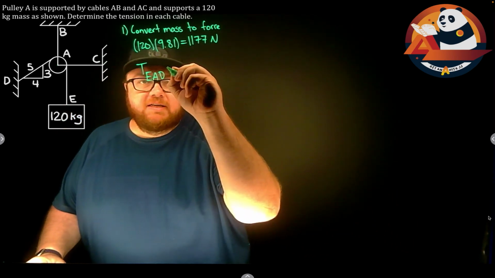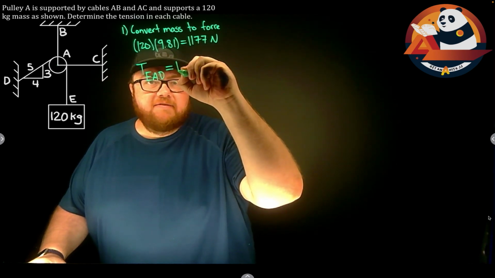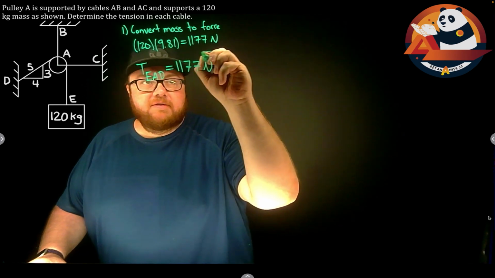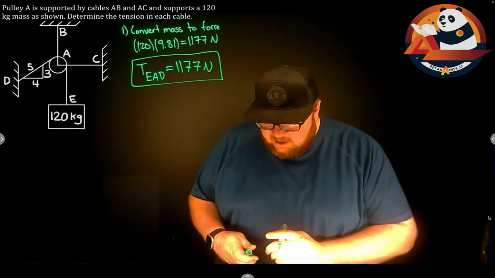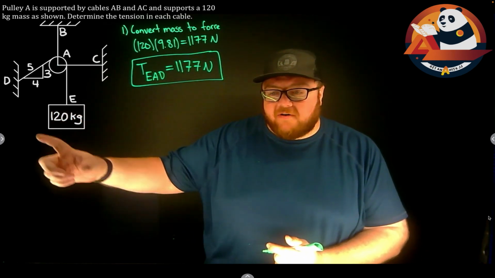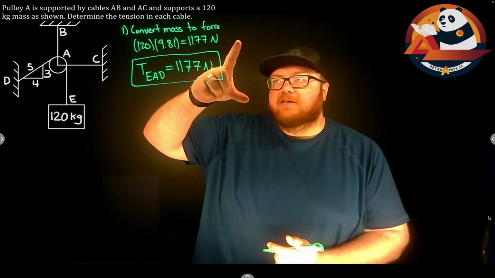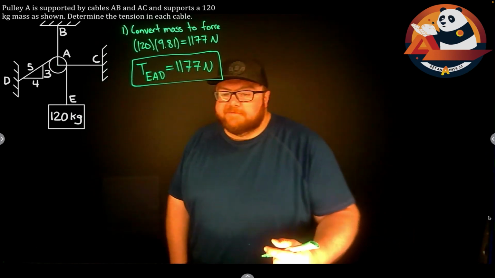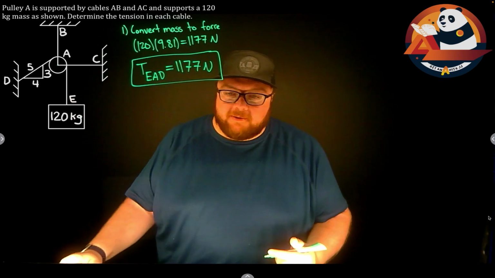So TEAD, our first answer, is 1177 newtons. And that's one of our 3 answers in here. I wouldn't make you do this, but we could draw a free body diagram of our box. We'd have the tension, our cable going straight up, the weight going straight down, summing forces in the Y, we get our tension is 1177. But it's always going to work out to just be the weight of the box is the tension in that cable.